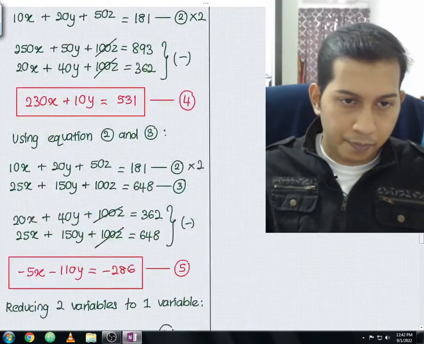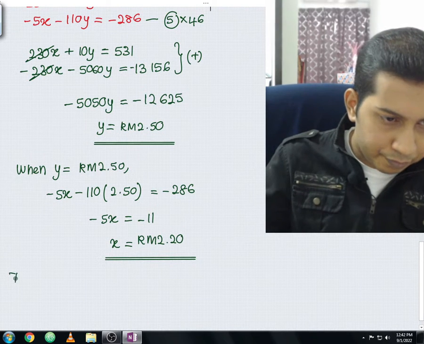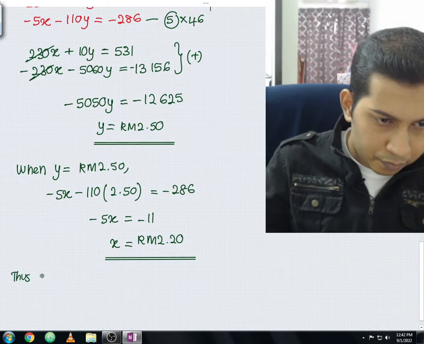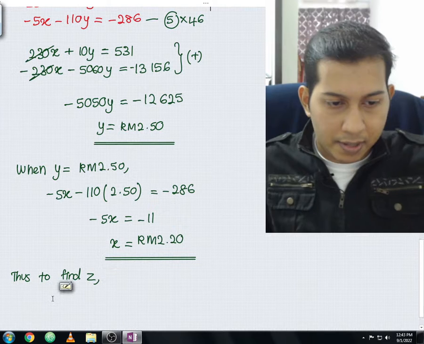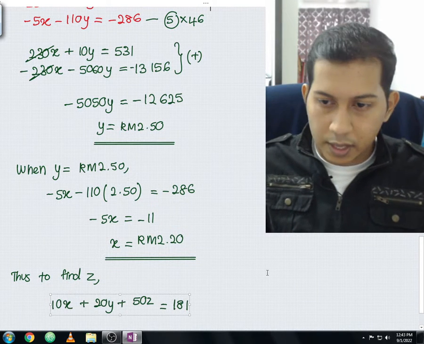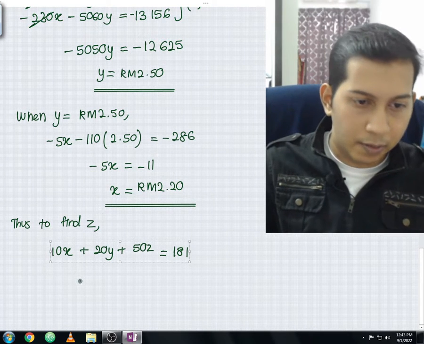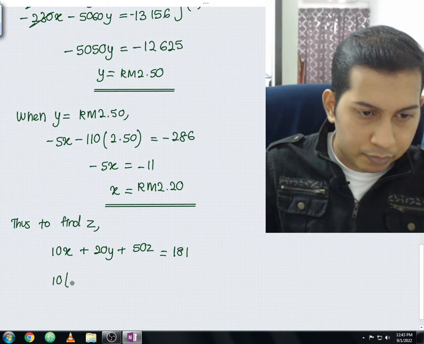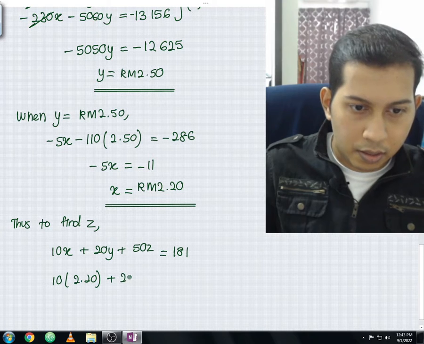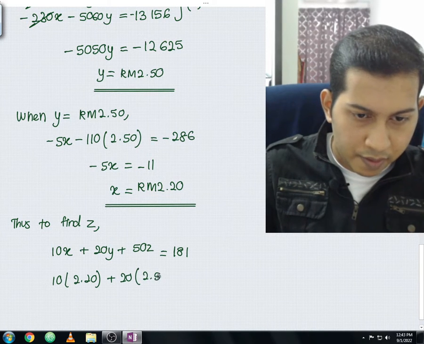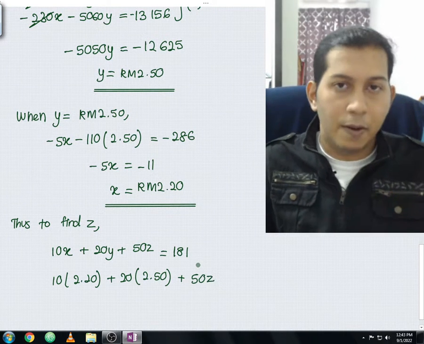So to find z, let me copy paste the equation, and now I write down with the substitution of the values.